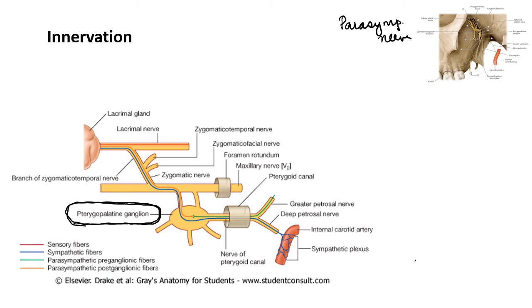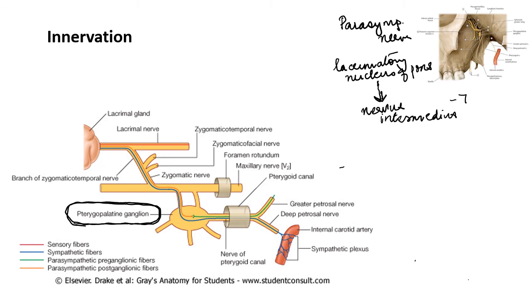So we have a lacrimatory nucleus which is present in the pons. From the lacrimatory nucleus of the pons originate the preganglionic fibers for this lacrimal gland, which travel in the nervus intermedius or the sensory root of the seventh cranial nerve.